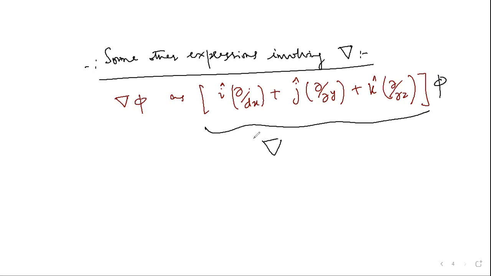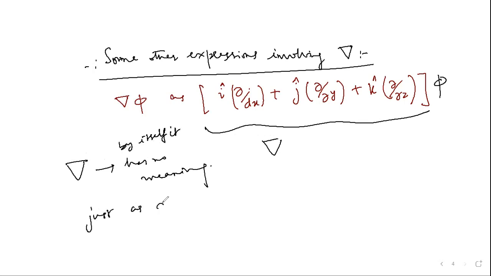Now by itself, this del has no meaning, right? By itself, I repeat, it has no meaning. Just as d by dx has no meaning by itself when it is alone. Why?